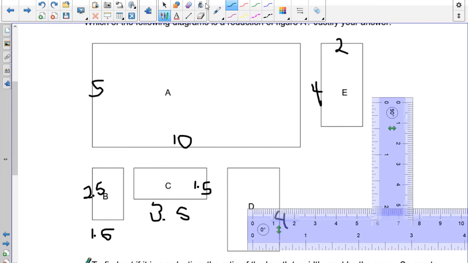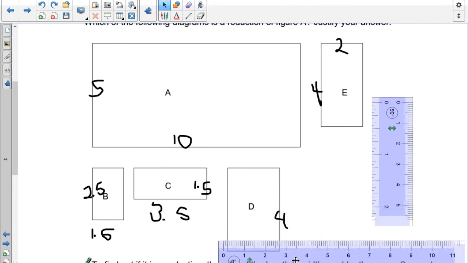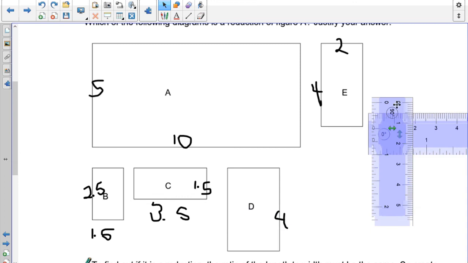And of course, the last one we have to do is right here, and that is 2.5. Okay, so what I've done and what you've done is we've now got all the lengths and all the widths. So what I want to do is set up a ratio of length to width of A and see which one of these matches it. Because if it matches the reduced ratio, then it'll be the same thing.